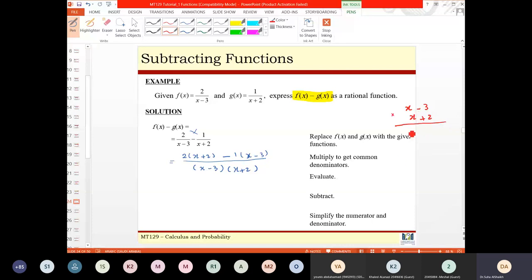So x في ال x is x square. x في ال minus 3 is minus 3x. 2 بال x is a 2x. 2 بال minus 3 is a minus 6. Then we add. So this will be x squared, this will be minus x, this will be minus 6. Minus x, huh?